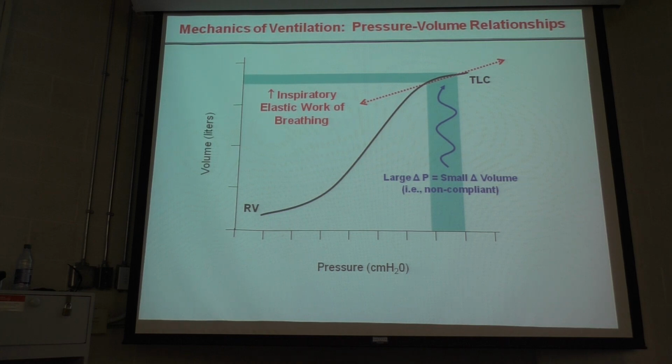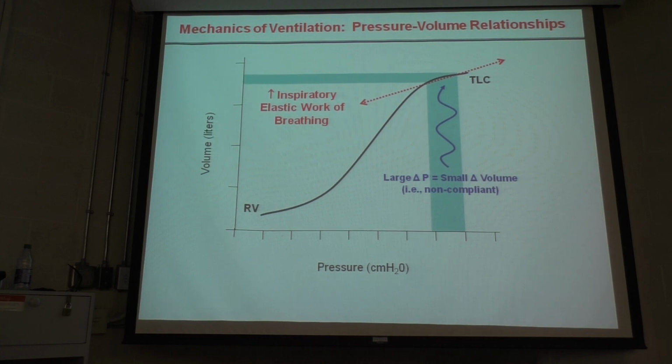If I said to you, when your end inspiratory lung volume encroaches on total lung capacity, the following work of breathing increases: the inspiratory elastic work of breathing, the expiratory elastic work of breathing, the inspiratory resistive work of breathing, the expiratory resistive work of breathing. One of them is more correct than another.